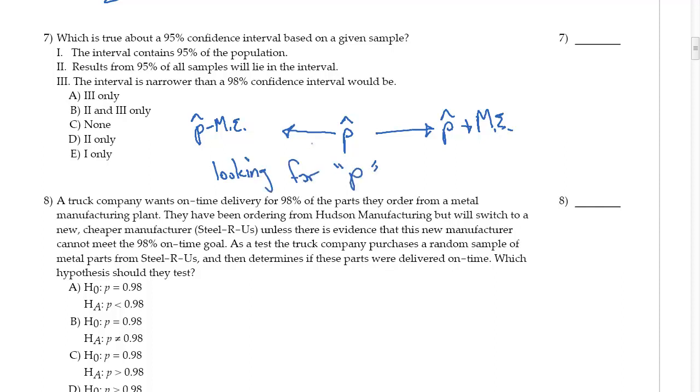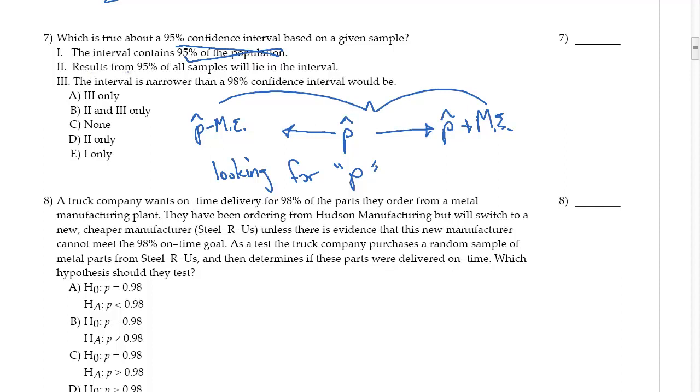I'm going to be 95% confident that p is in this interval. If I look, the interval contains 95% of the population. I don't even know what this means. 95% of the data? I don't think 95% of the data is in here. That's not what we're talking about.